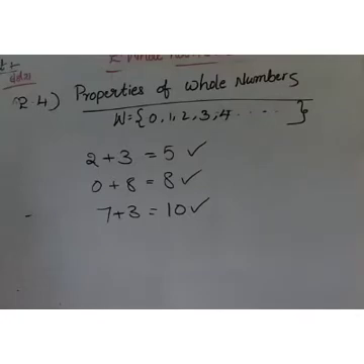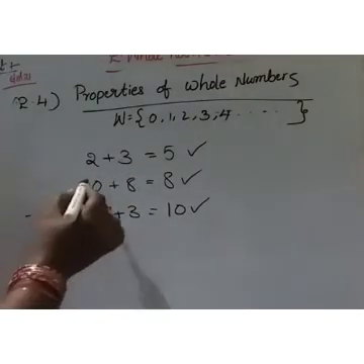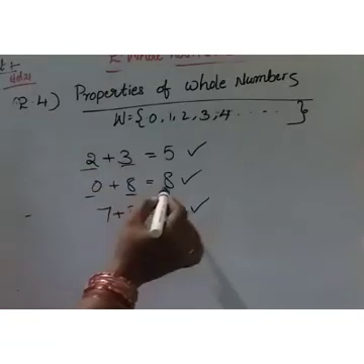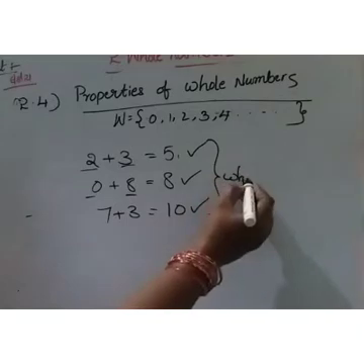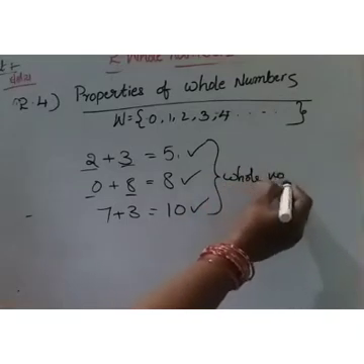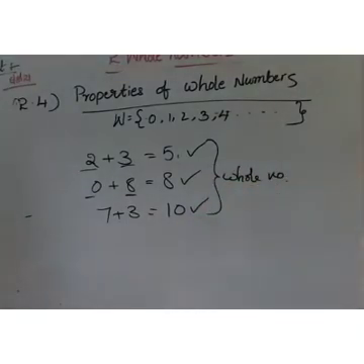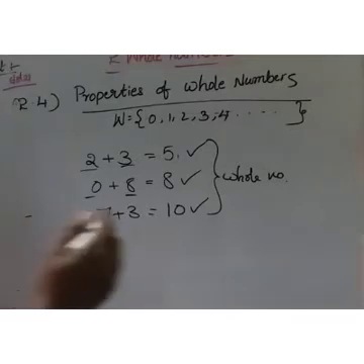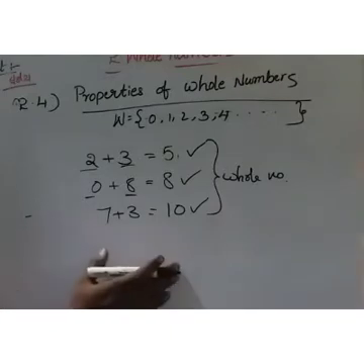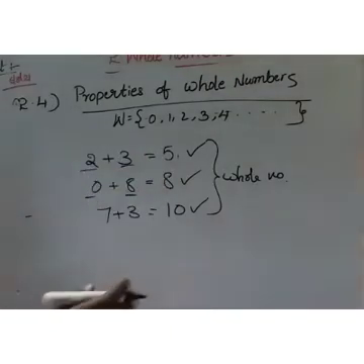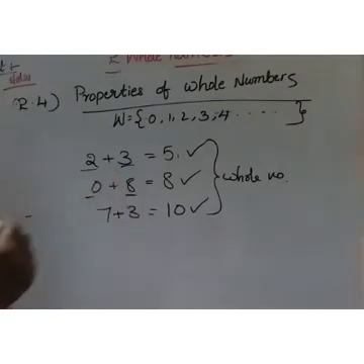So the sum of any two whole numbers is always a whole number. So, the collection of whole numbers is closed under addition. This property is known as the closure property.